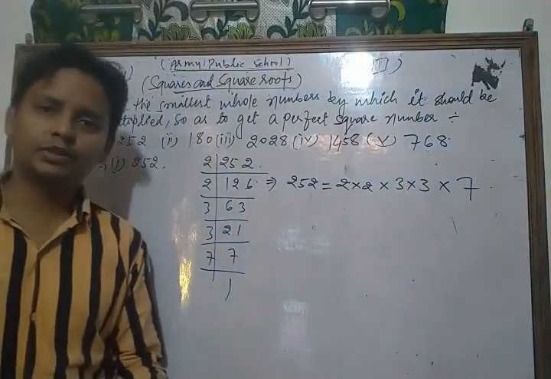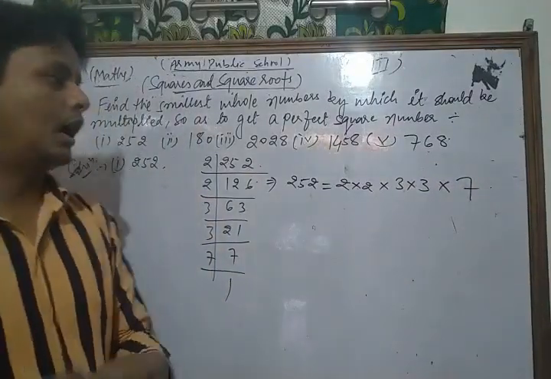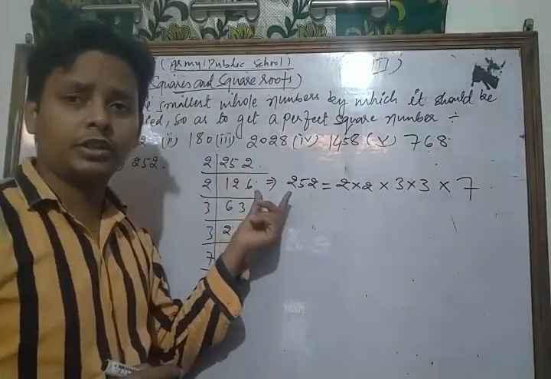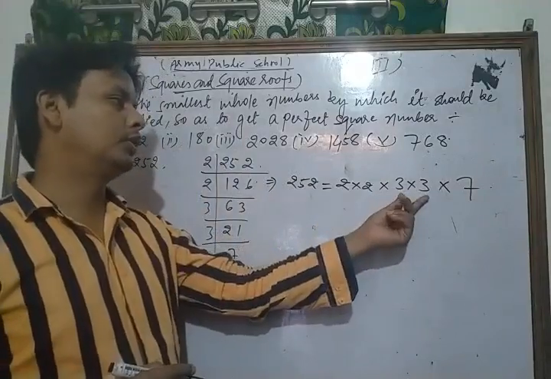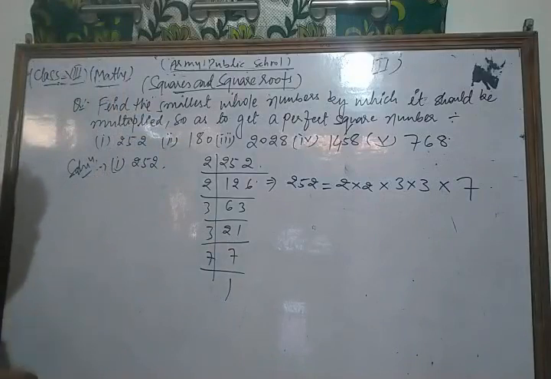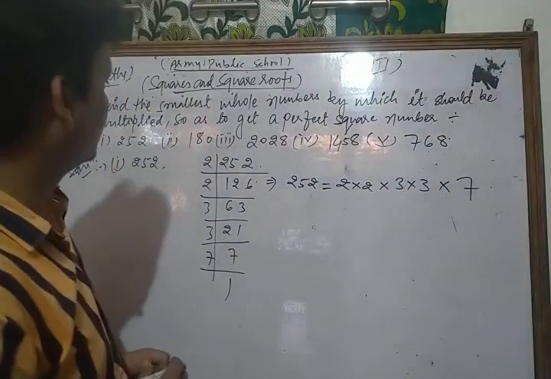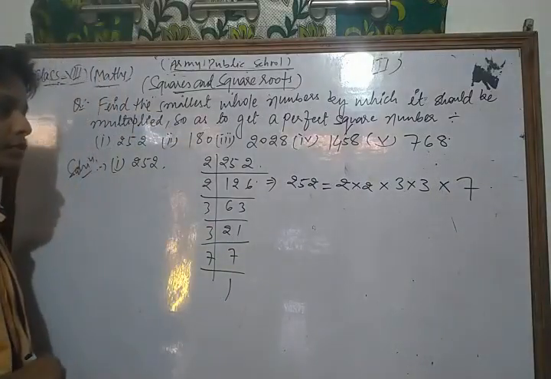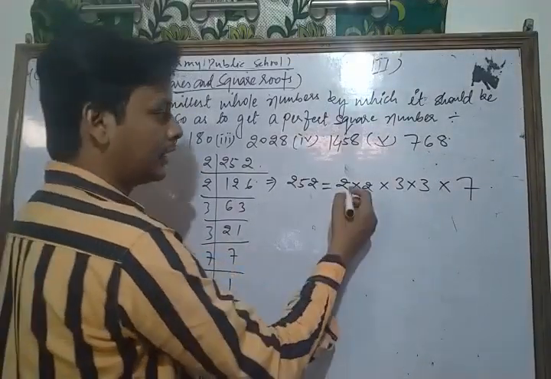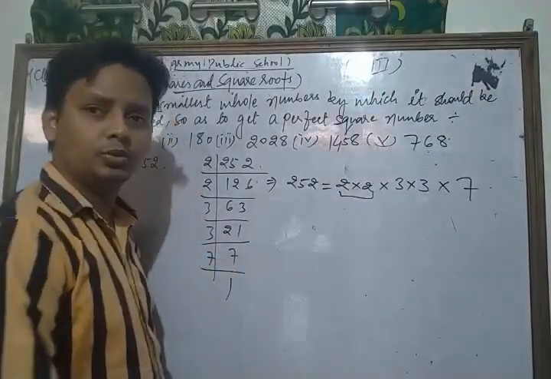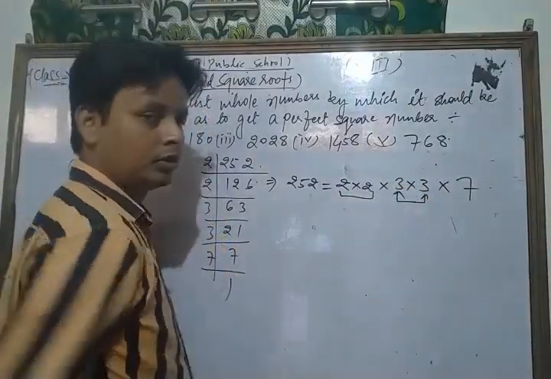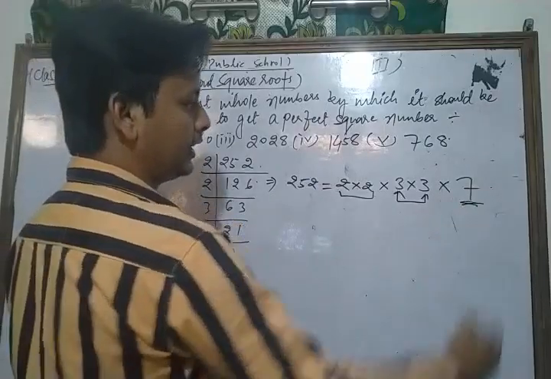So dear friends, in this way, after prime factorization, the given number we get as 2 into 2 into 3 into 3 into 7. Our question is: find the smallest whole number by which it should be multiplied so as to get a perfect square number. Observing the factors, we get 2 is in pair, 3 is also in pair, but 7 is not in pair.